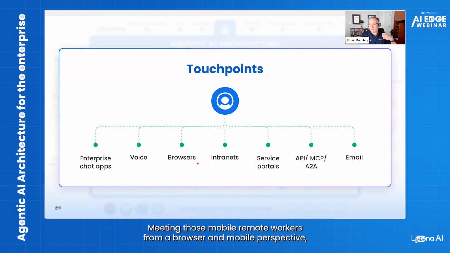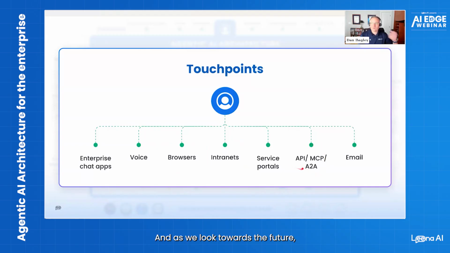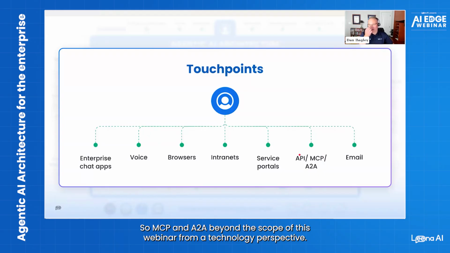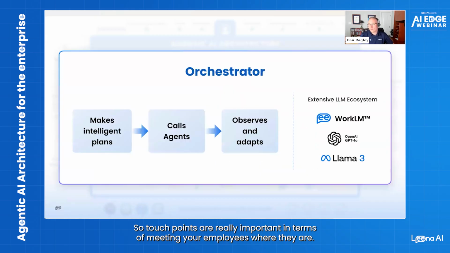Meeting those mobile remote workers from a browser and a mobile perspective, embedding inside of intranets and service portals. And as we look towards the future, allowing cross-platform agentic approaches, so MCP and A2A, beyond the scope of this webinar from a technology perspective, but these are protocols that allow orchestrators and agents to communicate with each other in a seamless manner. So touch points are really important in terms of meeting your employees where they are.